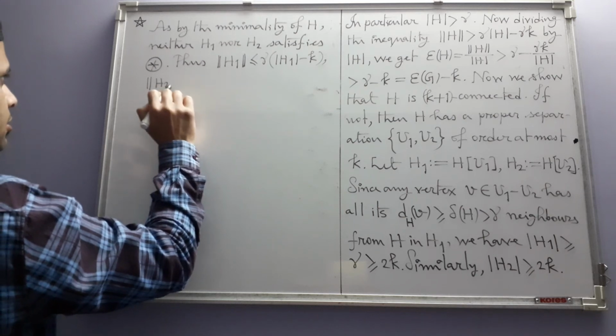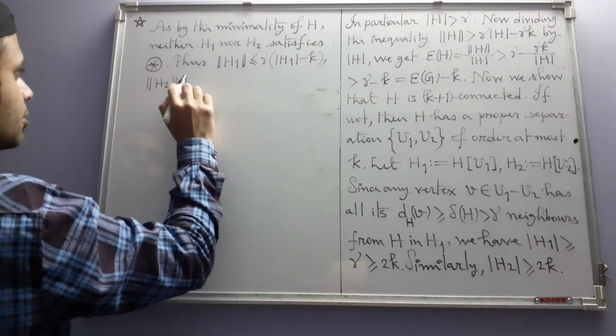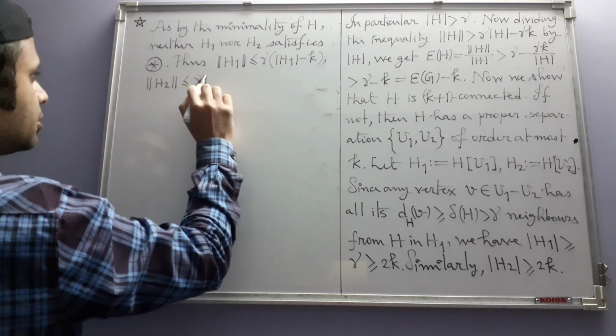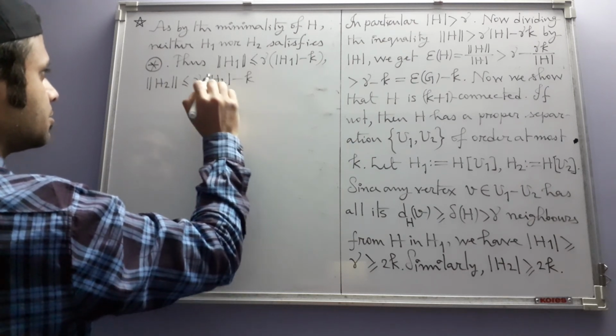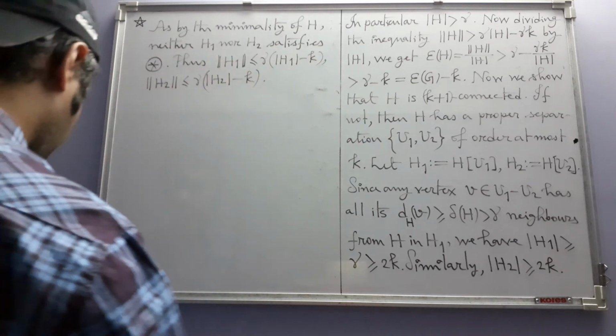The number of edges in H2 is also less than or equal to gamma times the order of H2 minus K.